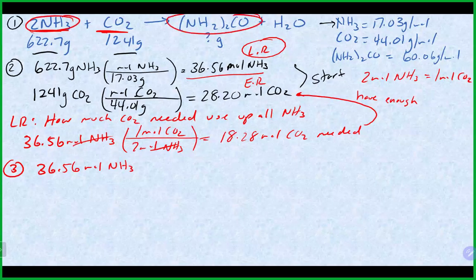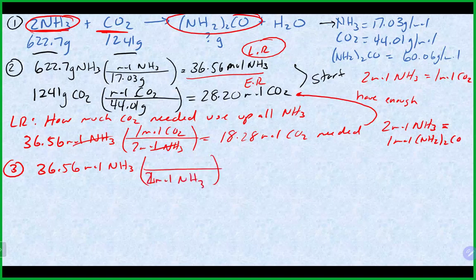So we want that relationship there, which is 2 moles of NH3 gives us 1 mole of our product here. So using that, 2 moles of NH3, 1 mole of our product will get us 18.28 moles of our product.